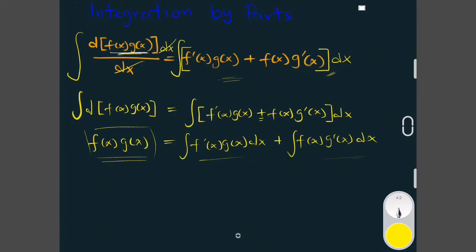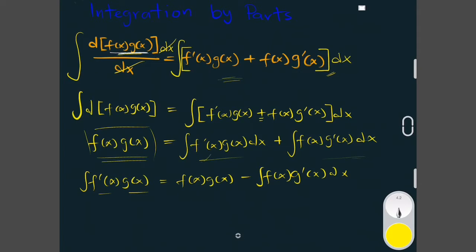So if we were given a function, the integral of f'(x)g(x), this is equal to f(x)g(x) minus the integral of f(x)g'(x) dx.